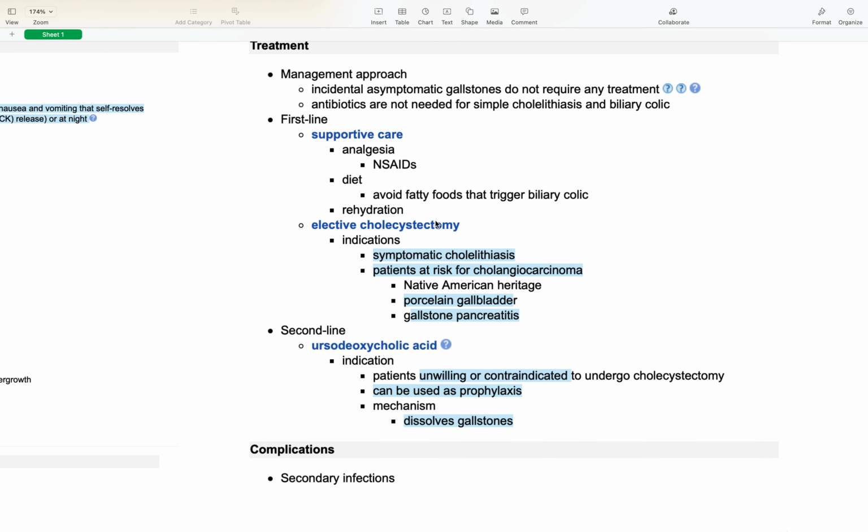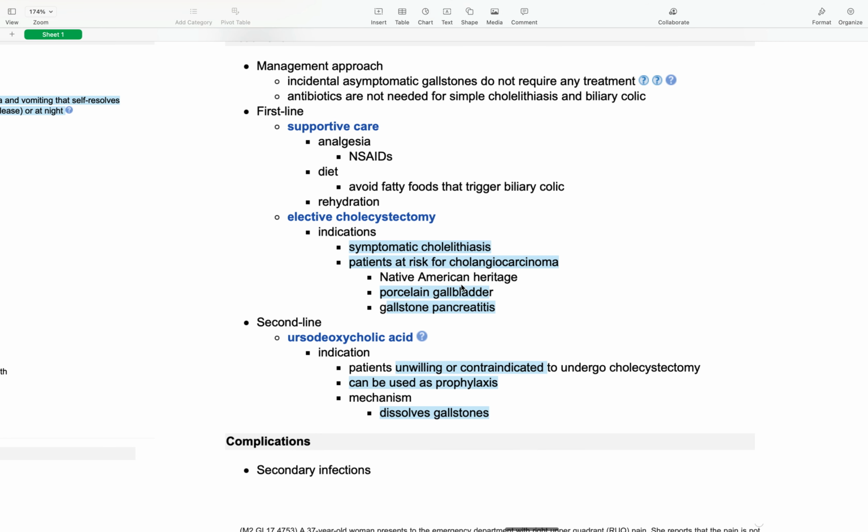Then elective cholecystectomy is indicated in symptomatic cholelithiasis. Within 72 hours of admission, you do an elective cholecystectomy. Now this part is very important. Elective cholecystectomy is also indicated in patients of Native American heritage because they have increased incidence of cholesterol gallstones.